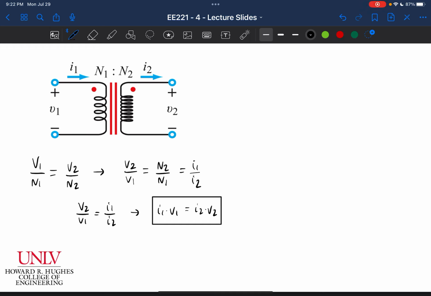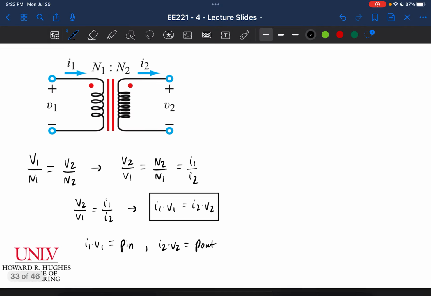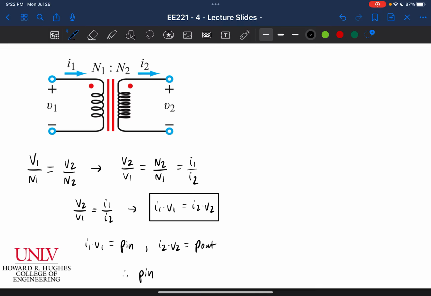And so, of course, we could just say that I1 times V1 is equal to the input power, P in, and we can say that I2 times V2 is equal to the output power, P out, and therefore we can just say that P in is equal to P out. That is the conservation of power.